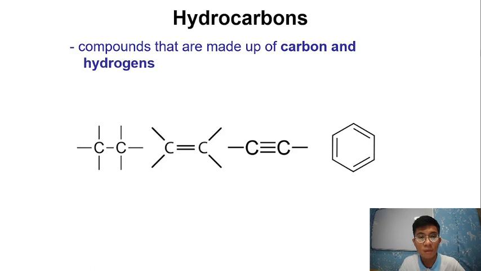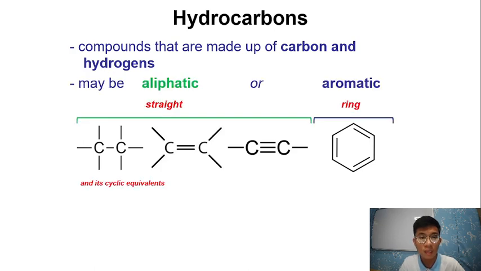Hydrocarbons can be aliphatic or aromatic. In our figure here, the aliphatic ones include the alkanes, alkenes, and alkynes.